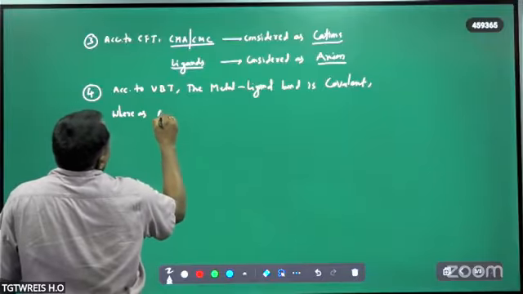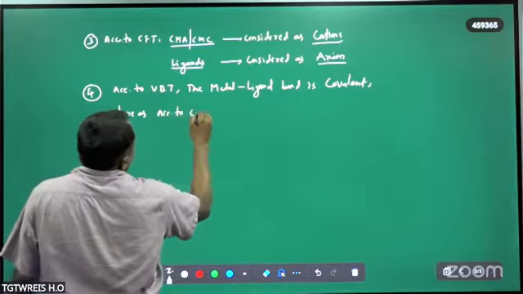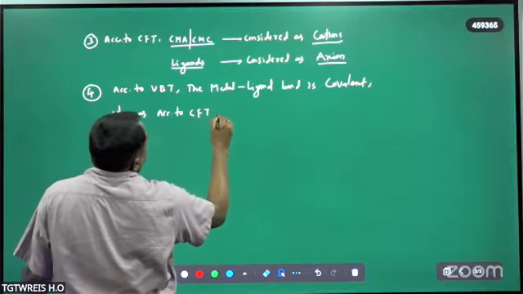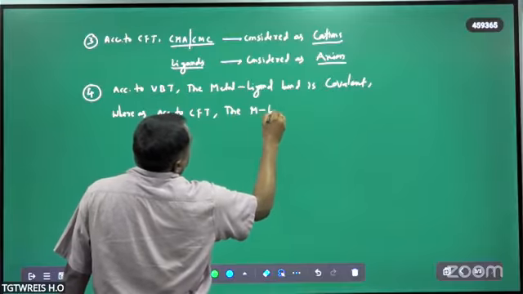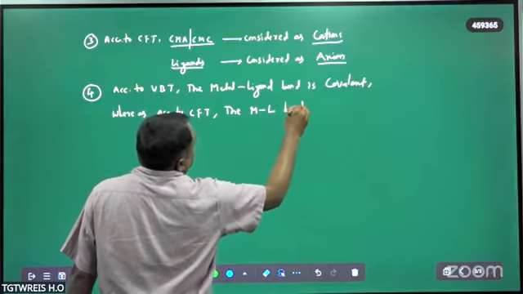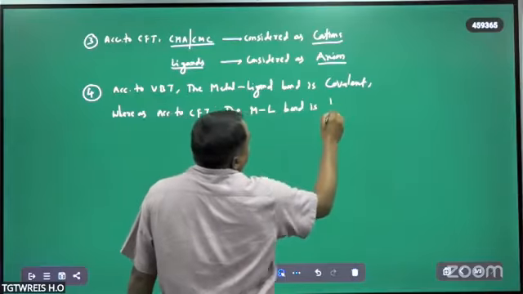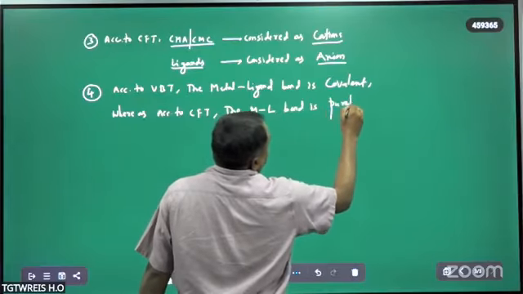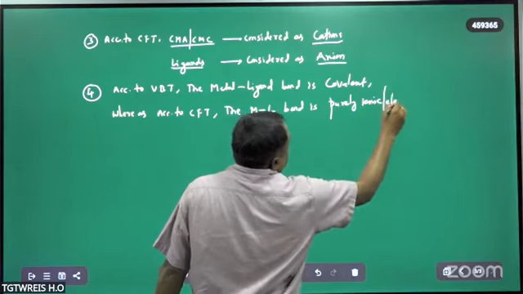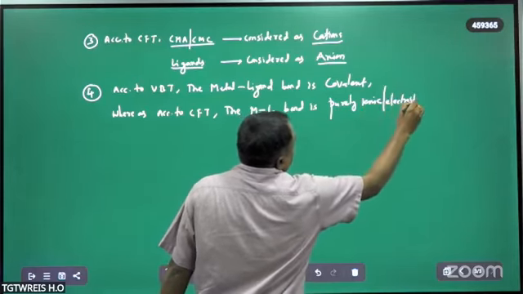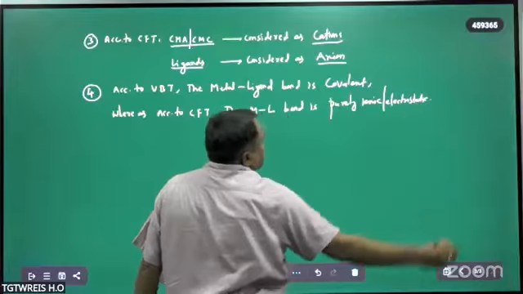Whereas according to CFT, crystal field theory, the metal to ligand bond is purely ionic or electrostatic. So this is the major assumption made by crystal field theory.